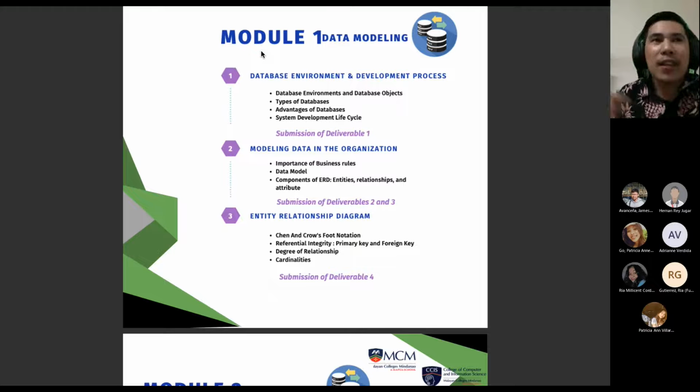That is why we are here, because we are going to provide an information system, or shall we say a database management system, that aims to make the process efficient. Probably they are using manual operations or transactions in their daily routines in processing business operations.